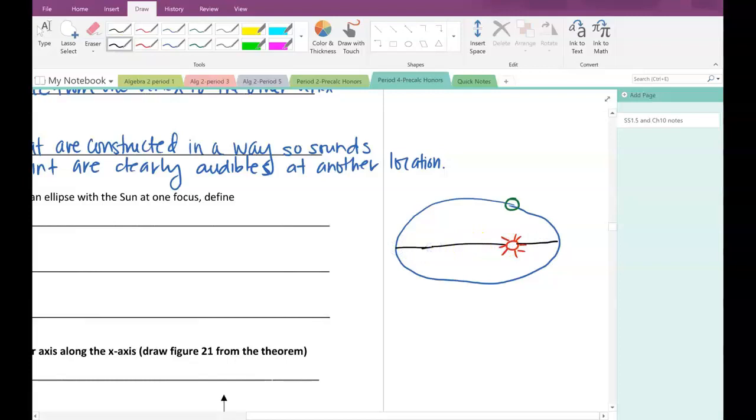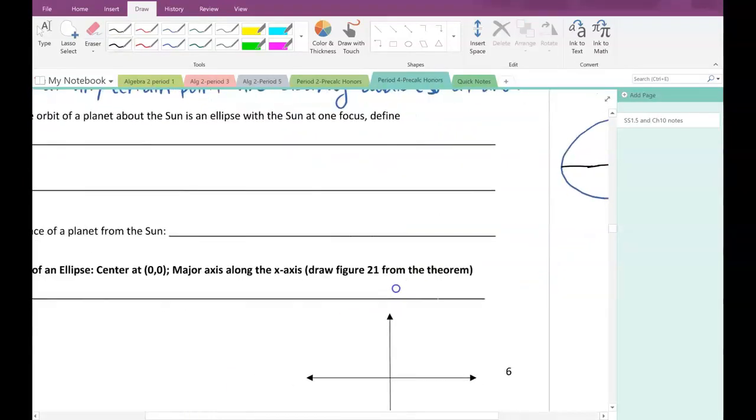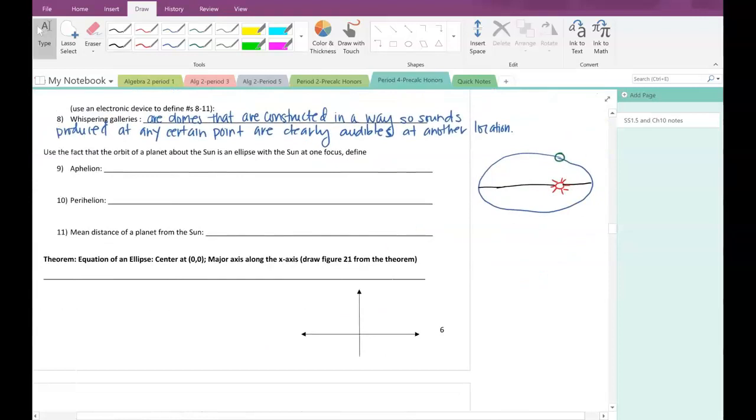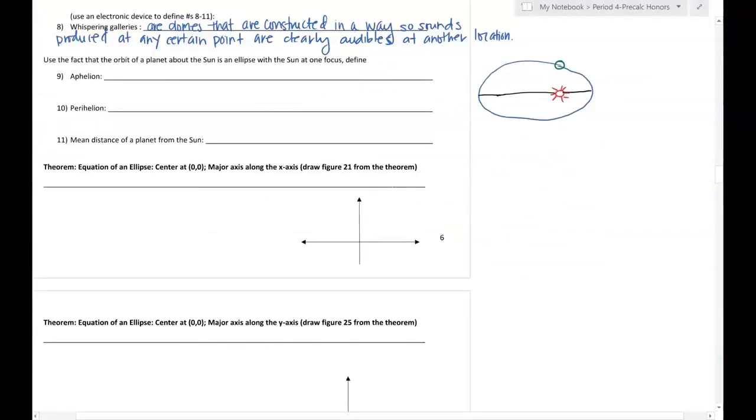All right, so let's go and define this. Aphelion, when a planet is farthest from the sun. So what it means is this.